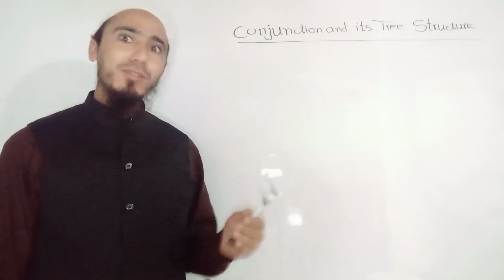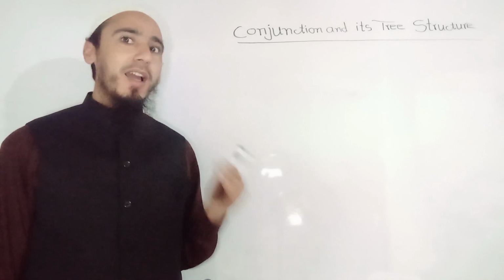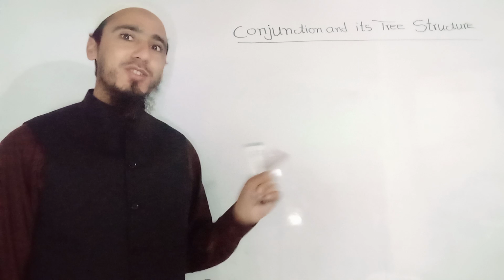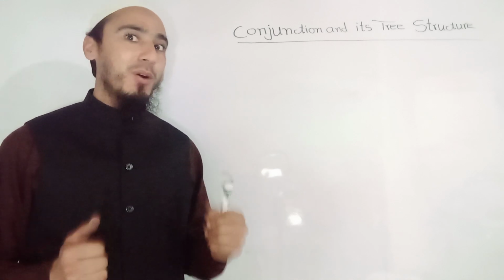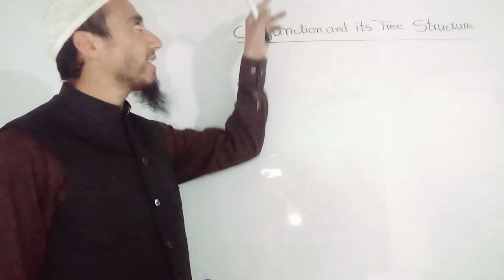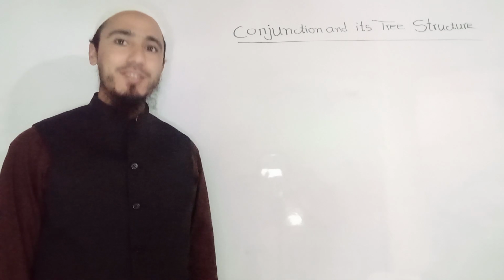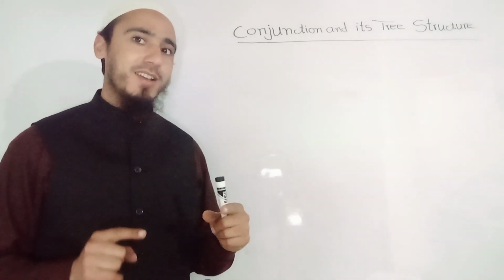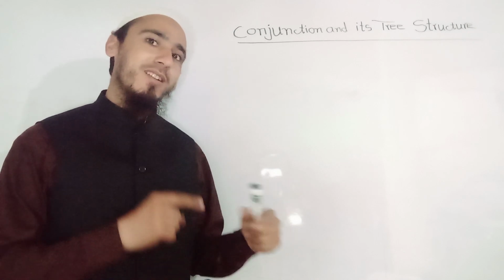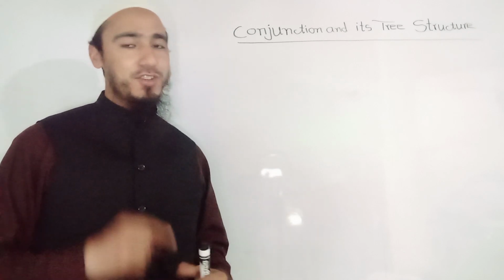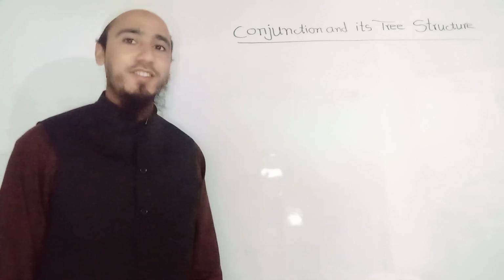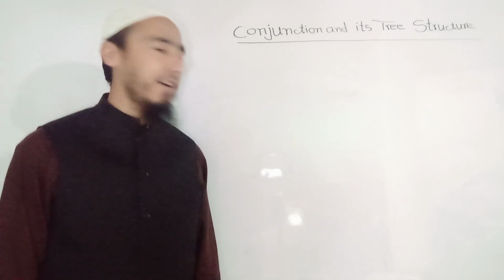In the closed class, we have some words which do not have their own head. Take the example of conjunction. Conjunction does not have its own head as preposition phrase has. Preposition phrase has its own head, while conjunction does not have its own head.